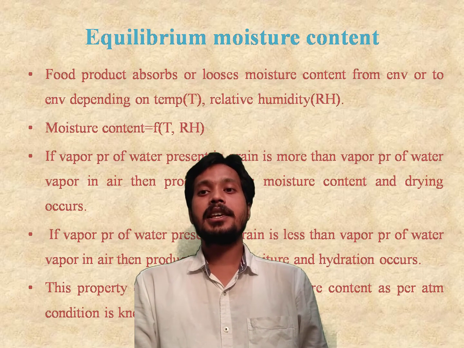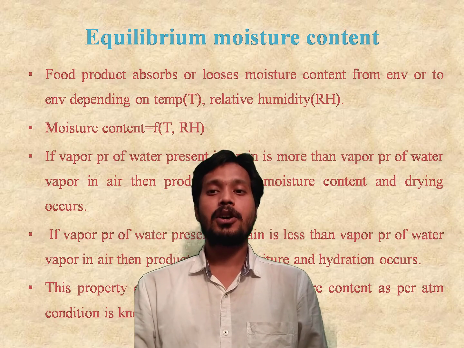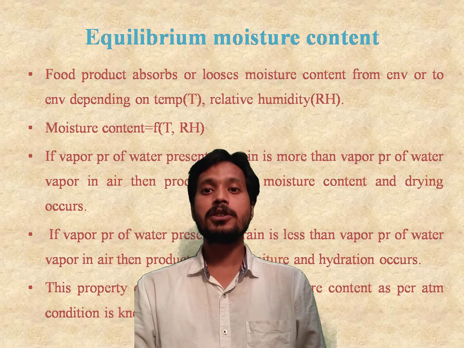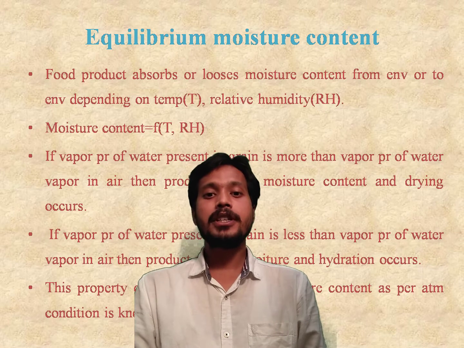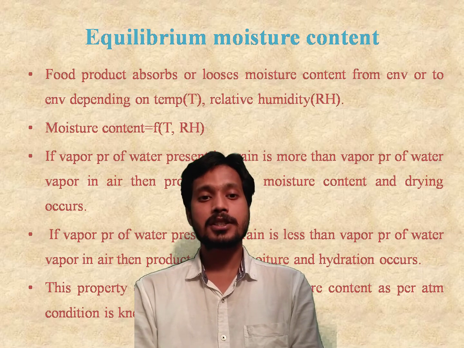Now comes this equilibrium moisture content term, or EMC. Before we discuss equilibrium moisture content, first you must remember that grain contains moisture and air contains water vapor. There is a difference between these two. Water means it's in liquid state, but water vapor means it's in gaseous state.